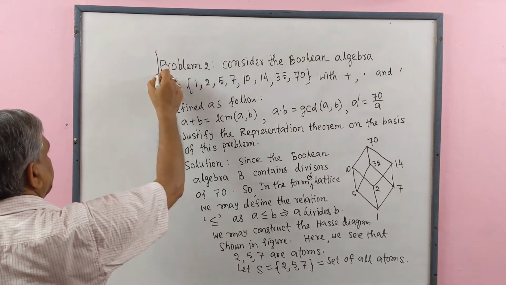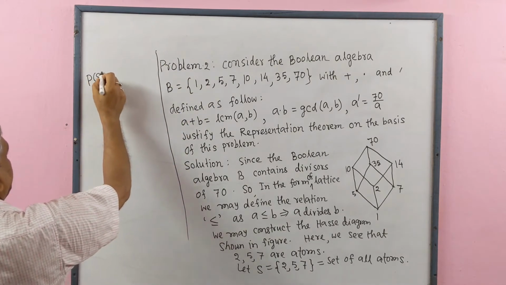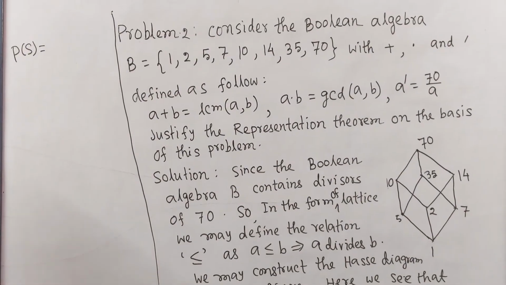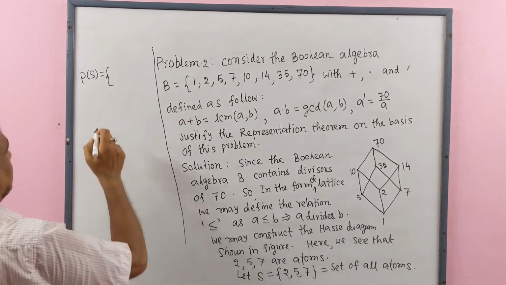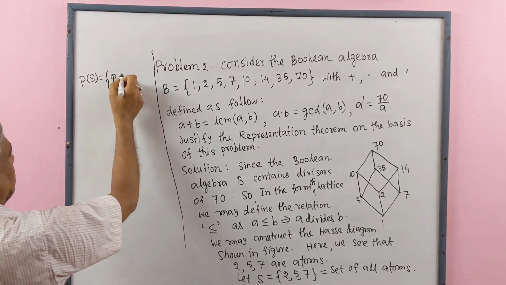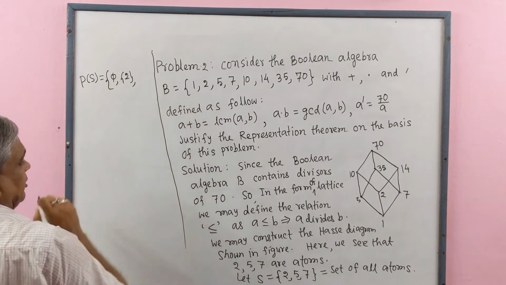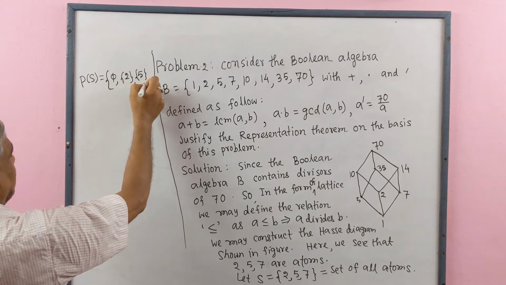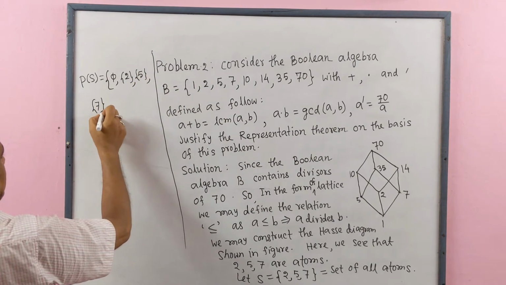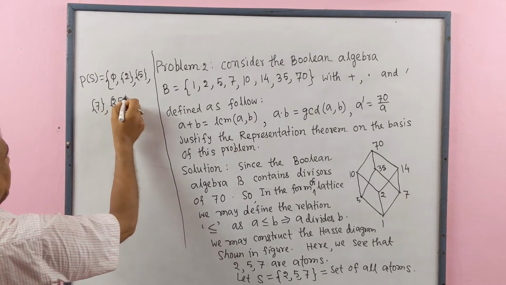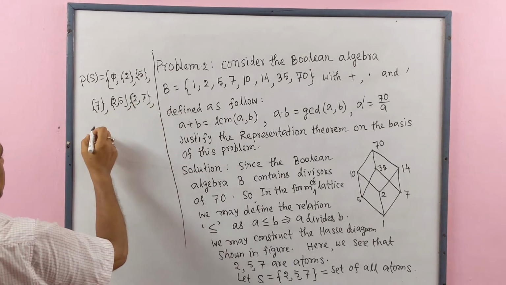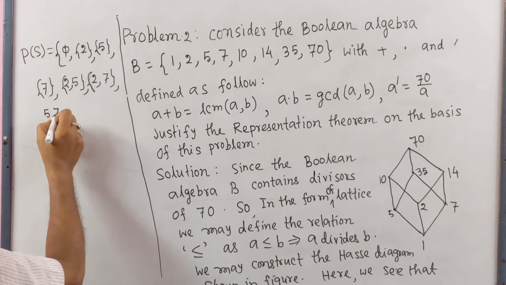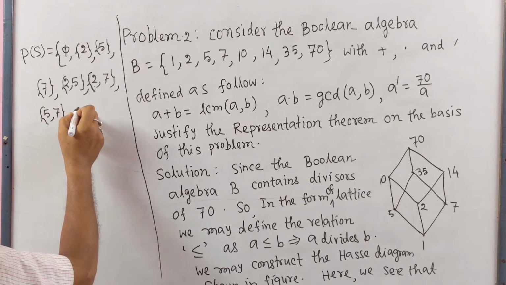Now PS equal to the set of all subsets of S, means phi, the set containing element 2, set containing element 5, set containing element 7, set containing elements 2 and 5, set containing elements 2 and 7, set containing elements 5 and 7, set containing elements 2, 5, 7.